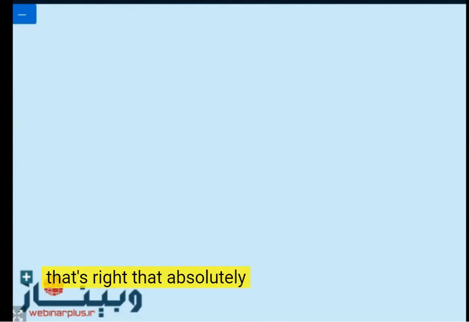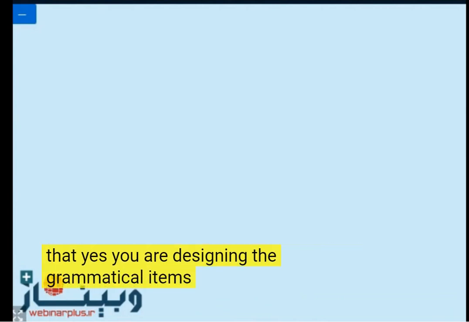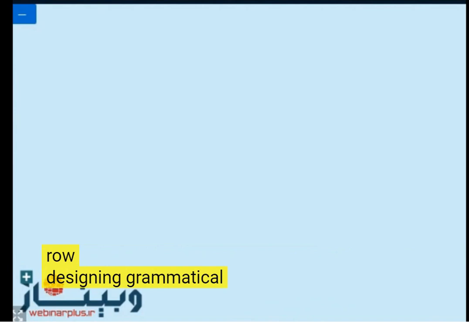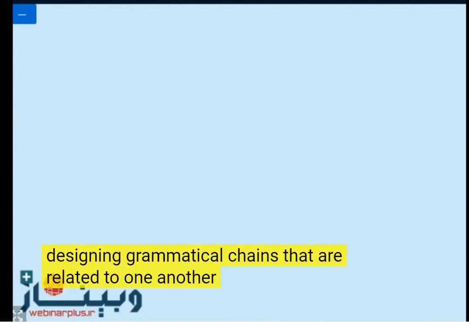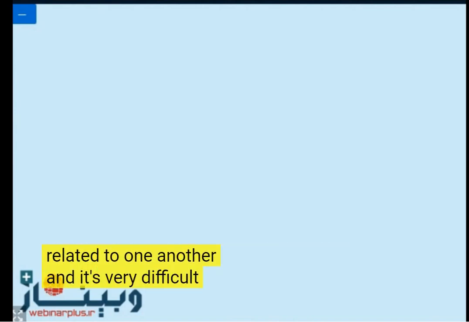That's absolutely right. Experience has shown you this, and other people have also experienced this, saying that designing grammatical items that come in a row, designing grammatical chains that are related to one another, is very difficult.